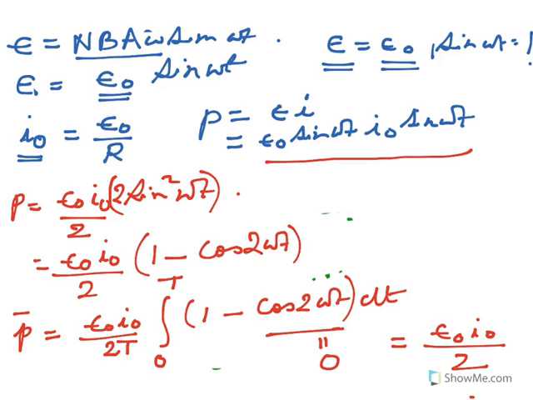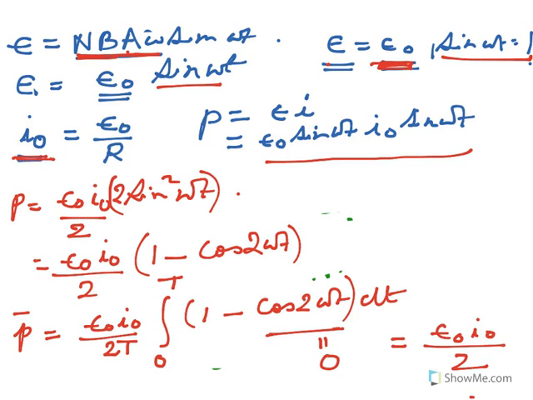So I just repeat, we got the induced EMF as N B A omega sin omega t, and this entire thing can be written as E0 sin omega t. E becomes equal to E0 when sin omega t is equal to 1. So E0 is the maximum value of induced EMF.